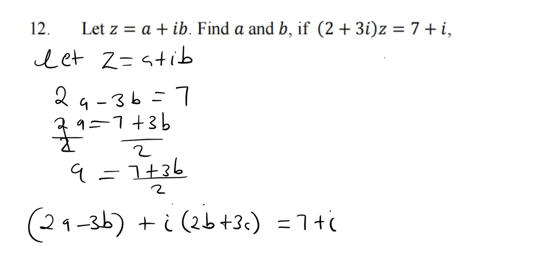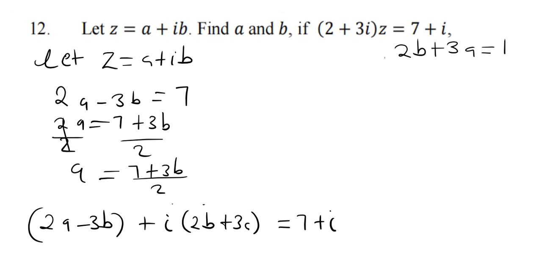Okay, so if we've got that, where are we now going to use this one? The other expression is this one, the imaginary part. They are giving us 2b plus 3a equals 1.